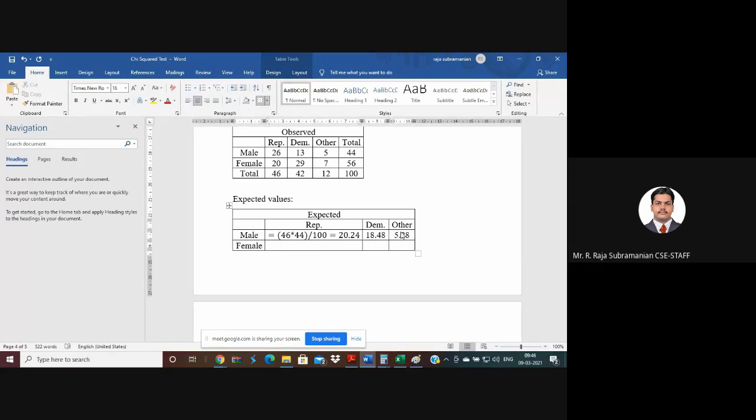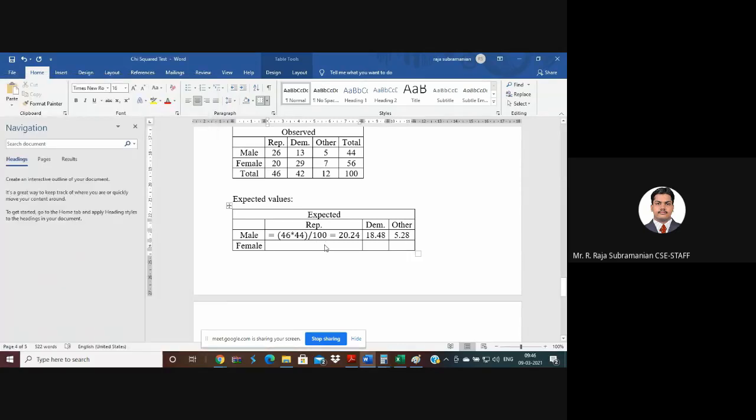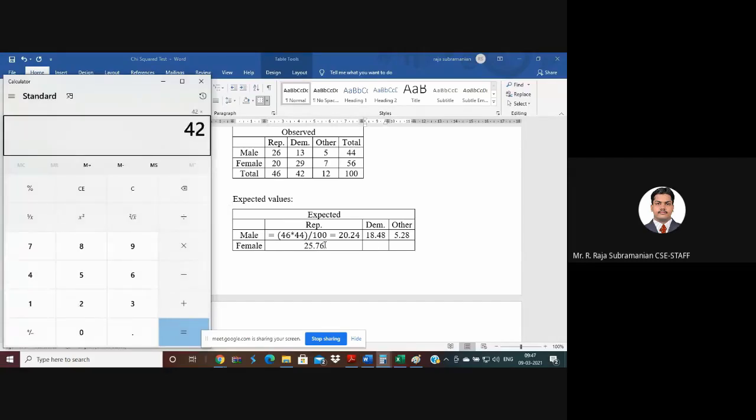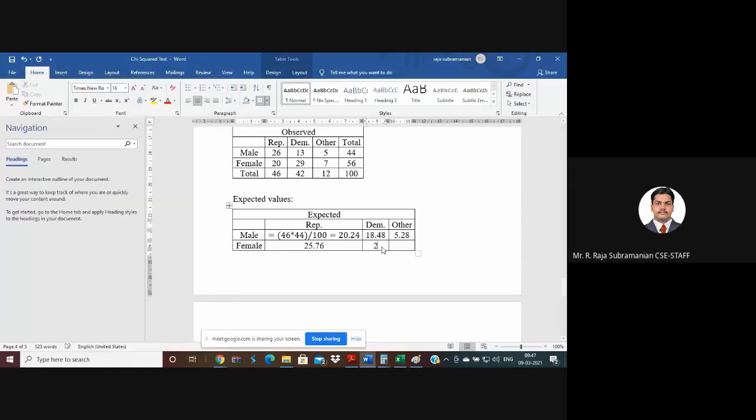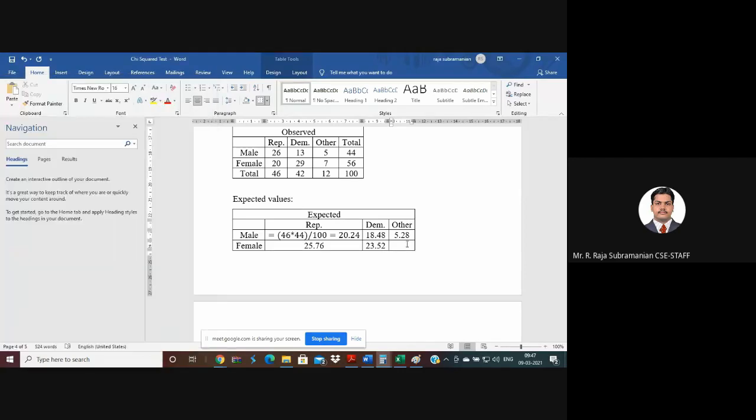And what will be for this? 46 into 56, that is 25.76. Here, 42 into 56, that is 23.52. And 12 into 56, 6.72. Have I made everything correct? Anything going wrong? Is the calculation right?